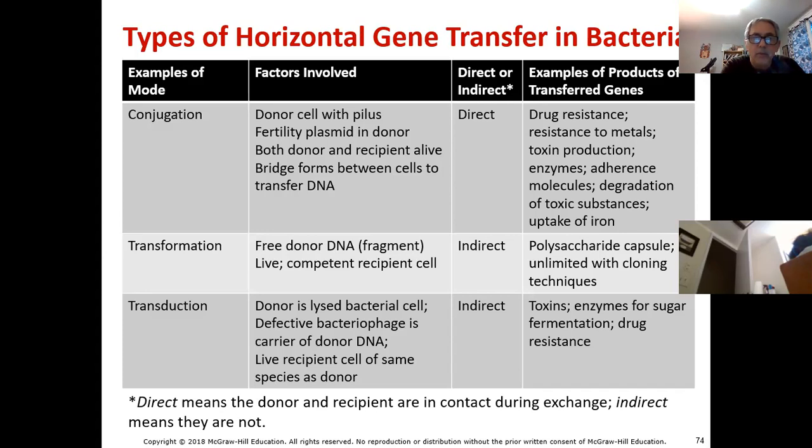A donor cell with the genes for a fertility plasmid has genes to make something called a sex pilus. And this establishes a bridge between two cells and allows for transfer of DNA.